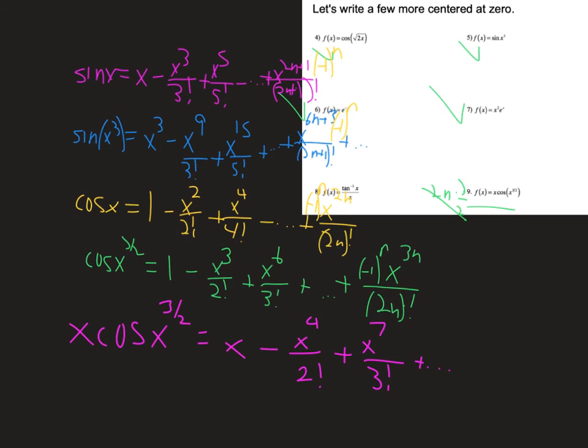And then we'll have negative 1 to the n, that doesn't change. 2n factorial doesn't change. And then we'll have x to the 3n times x to the 1, so x to the 3n plus 1.